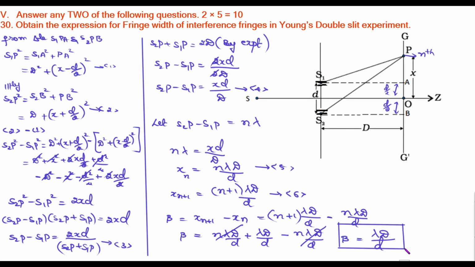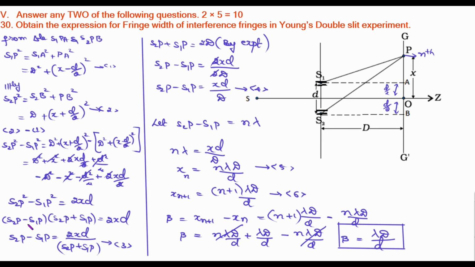It's a very easy derivation. First you can see two triangles are there. Using Pythagoras theorem, find out what S1p and S2p are, then subtract these two values, S2p square minus S1p square. So you'll be left with 2xd. Next, on the left hand side it is in the a square minus b square form.